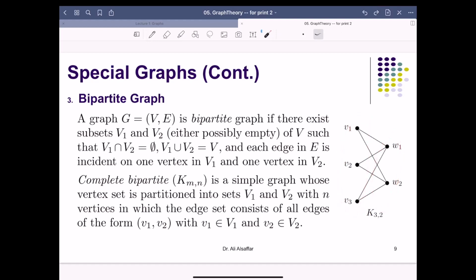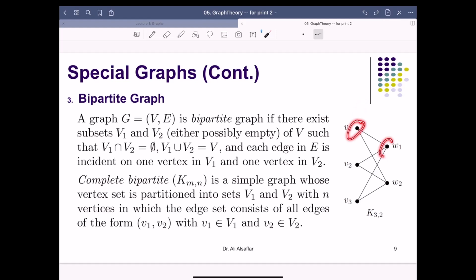So when you partition the graph into V1 and V2, if every vertex in V1 is adjacent to every vertex in V2, then it is called complete bipartite, and M represents the size of the first set and N represents the size of the second set. This is an example of a complete bipartite graph. So the symbol is K3,2. It means the first set has 3 vertices and the second set has 2 vertices.